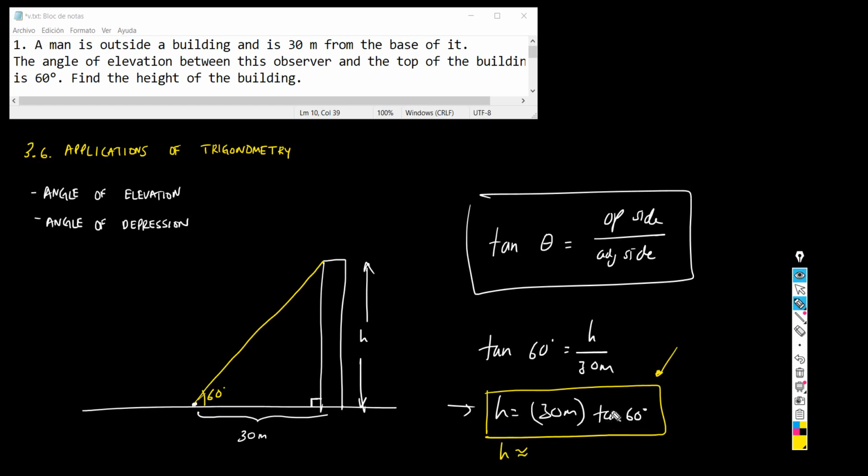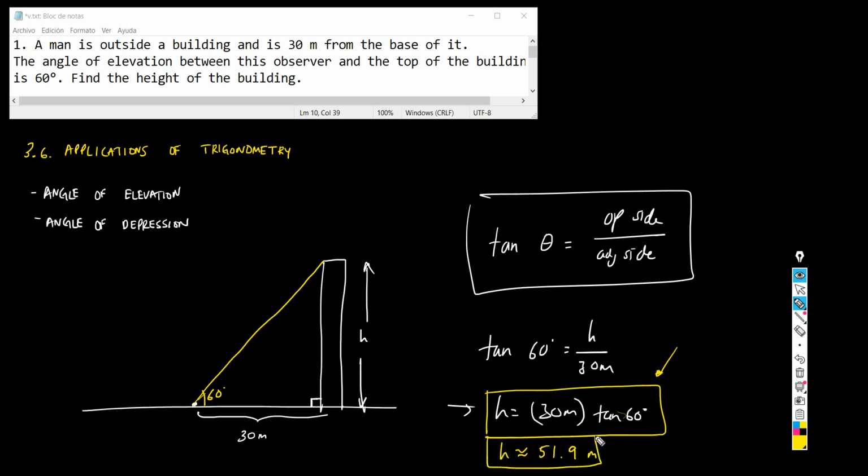Let me bring mine. So after you multiply 30 meters times the tangent of 60 degrees, let's see what you get. Okay, you get approximately 51.9 meters.